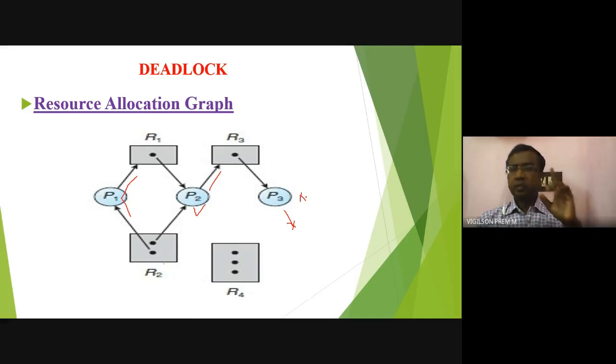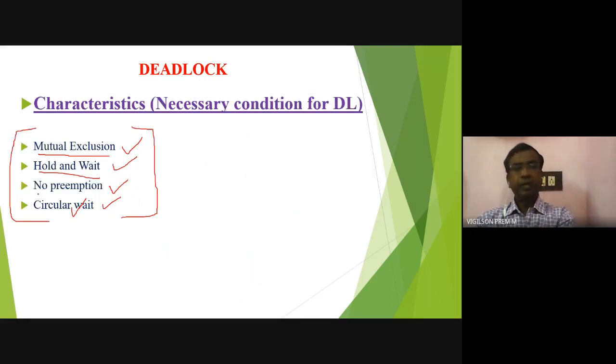So once you find any one condition is false, immediately you can say there is no deadlock; no need of checking the other two conditions. Anyway, we will see another condition also. What is that condition? No preemption. This is a policy decision, whether you allow preemption or not.